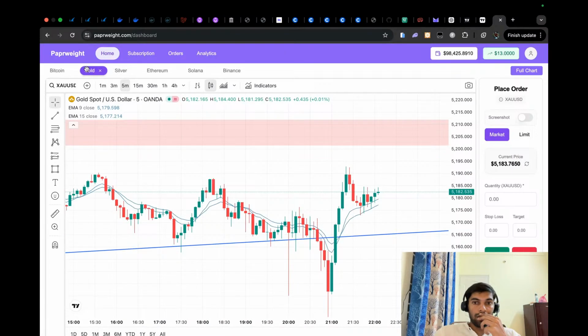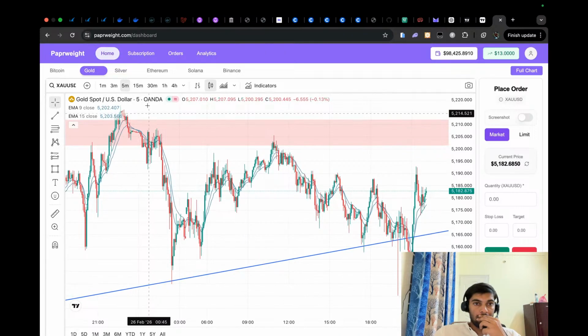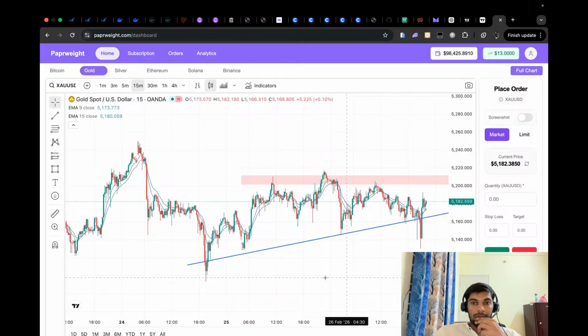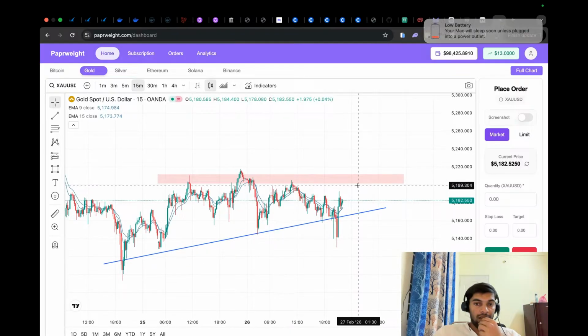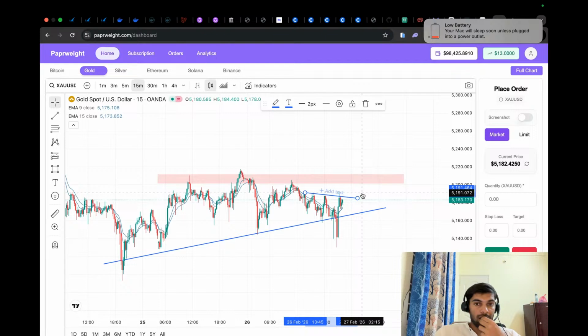In gold, you can see that the market is at the buying zone, and it will definitely come. But there is one more thing that we have to be aware of, which is this recent rejection as well.